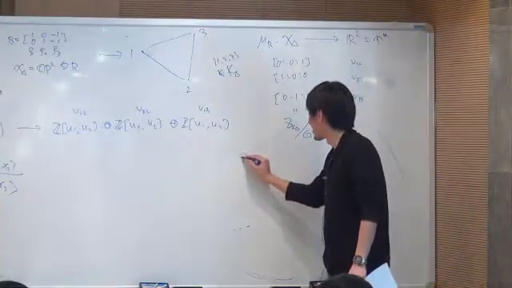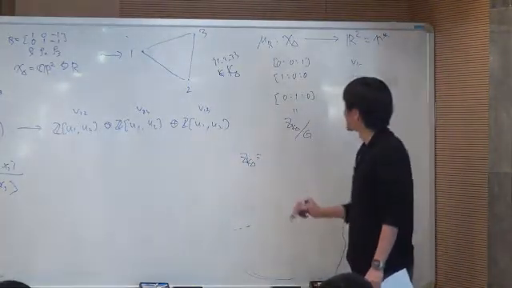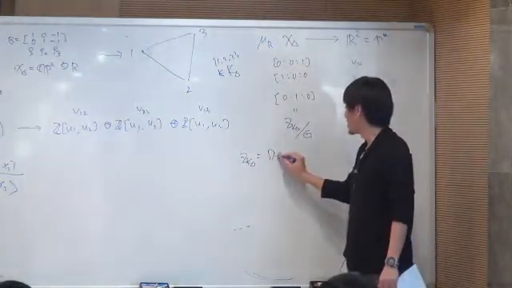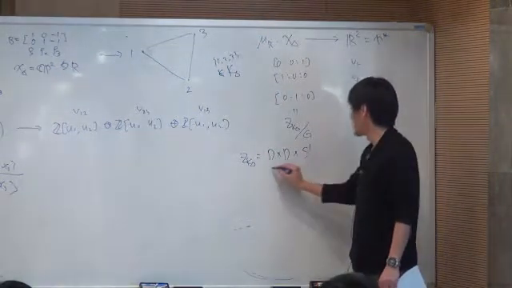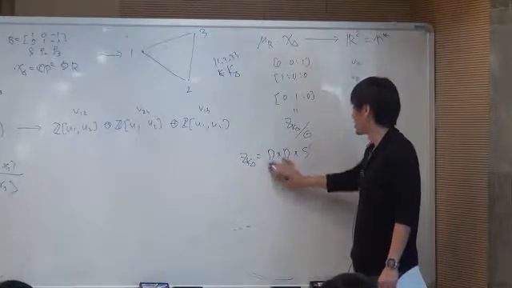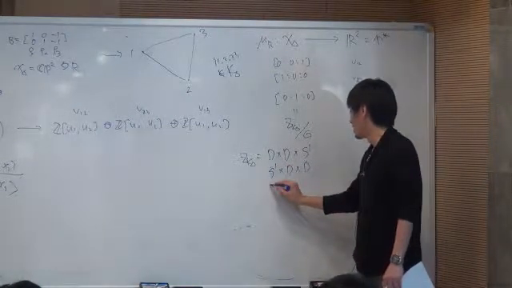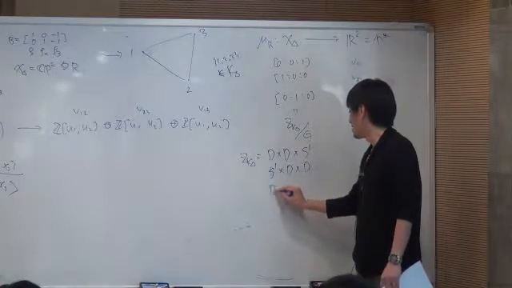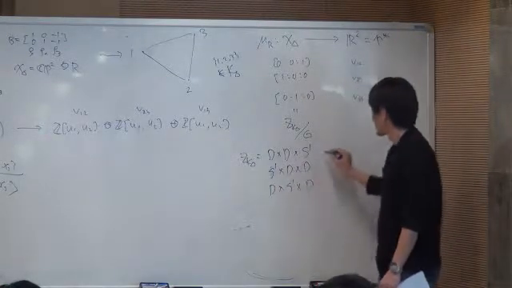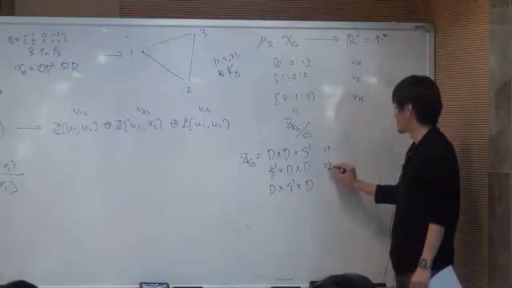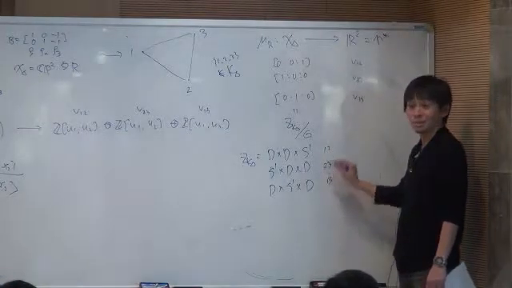And there is Z_K delta, which is D cross S1, S1 cross D, and D cross S1 cross D. So this corresponds to 1, 2, this corresponds to 3, this corresponds to 1, 3.